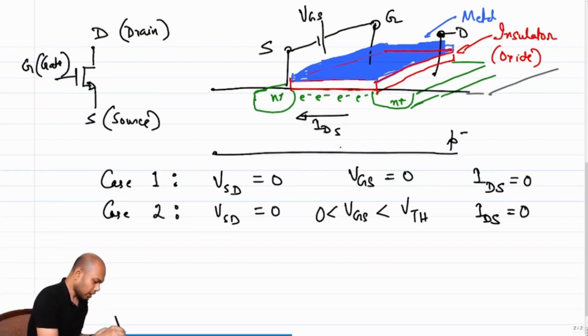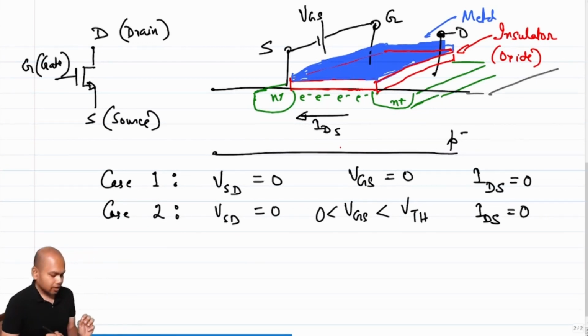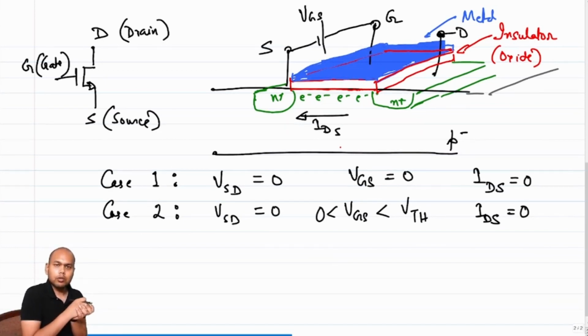So the concept of threshold voltage is that you need a certain amount of electrons under the gate to initiate a current flow.